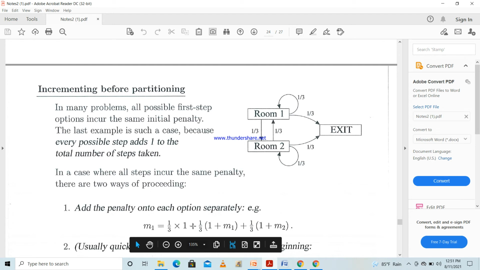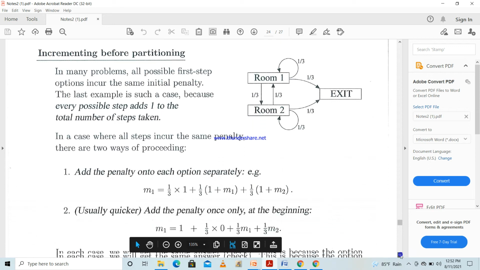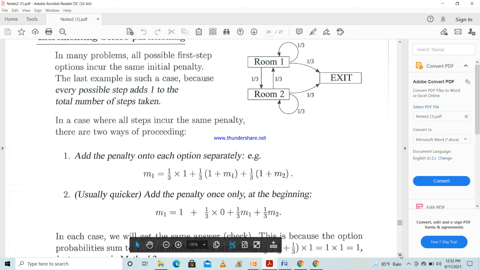Likewise, for each and every possible option, we have added a penalty. So we can reach the same answer without adding this penalty each time, if we add the penalty only once, in the beginning. So when you are writing M1, we add a penalty, plus then we consider the possible options.